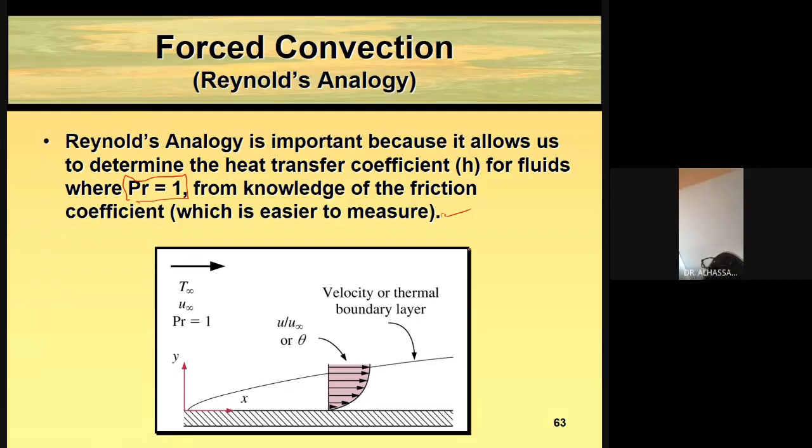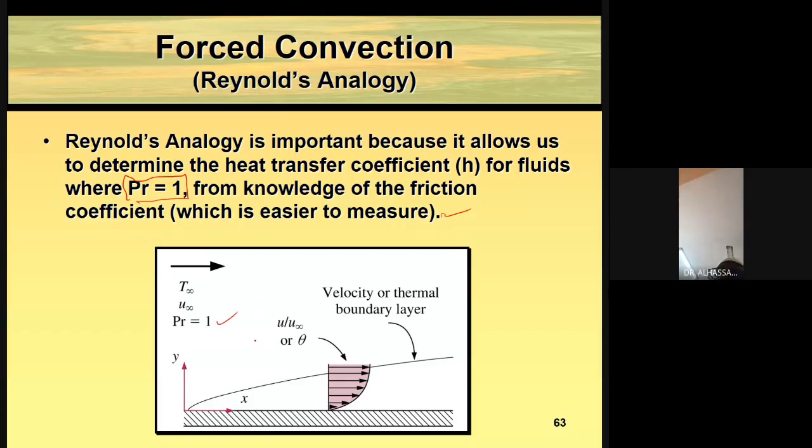So it means if you measure the skin friction coefficient, easily you can determine the value of h using the Reynolds analogy. So now, that condition is this.